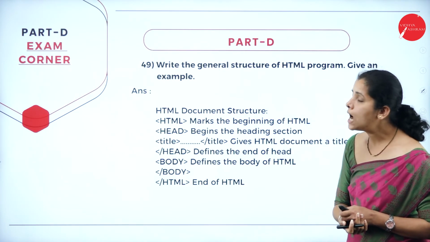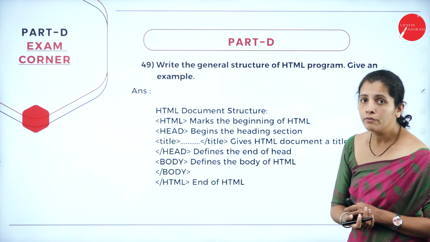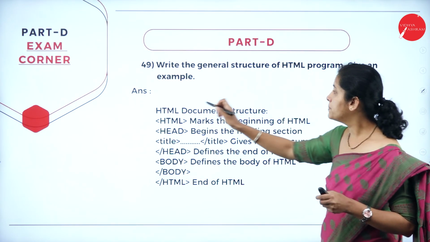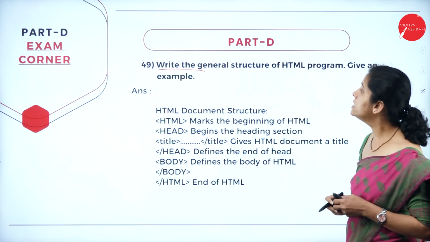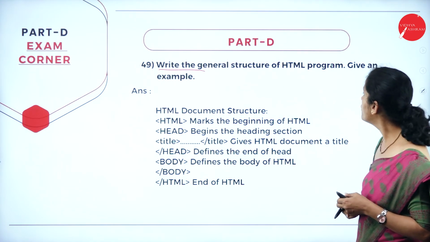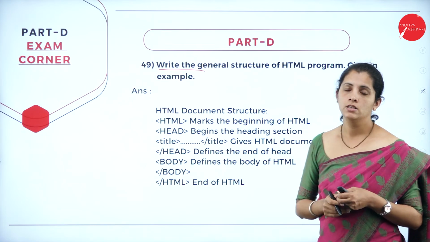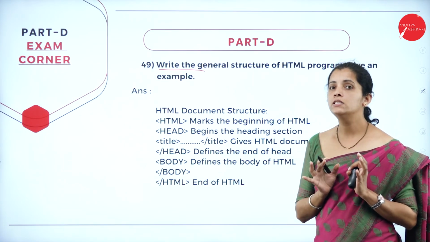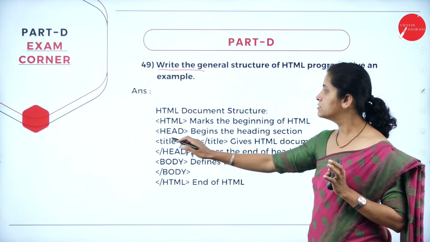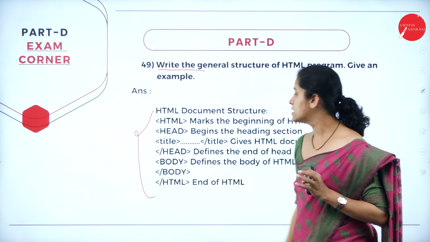Now, the last question from the model question paper here is: write the general structure of HTML program, give an example. So first I want to write the general structure. So this is the general structure.